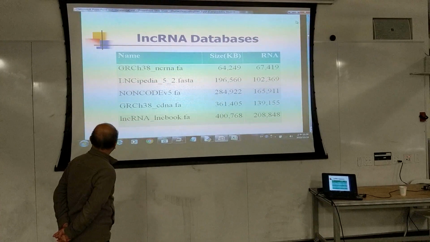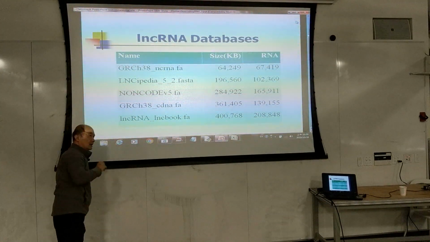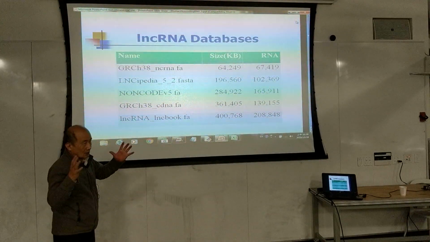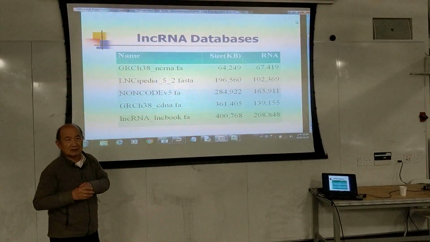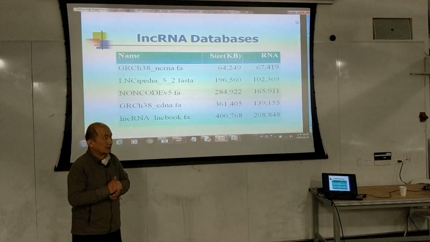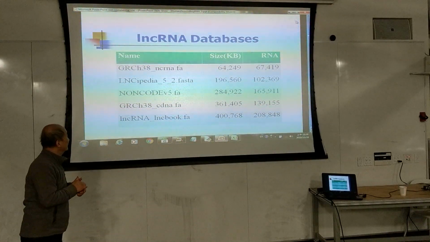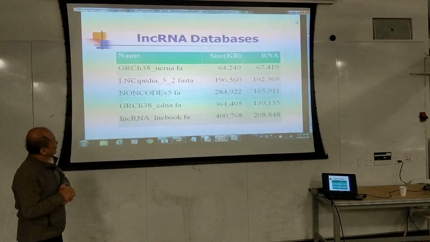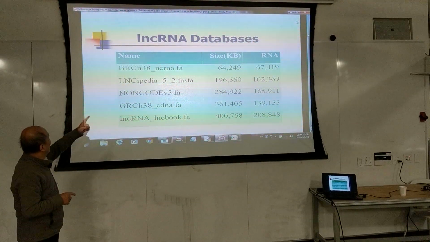The first is GRCh38. This is the Human Genome Project, and they collect all the data. The main goal of the Human Genome Project is to sequence all the chromosomes. But in this project, they found a lot of RNA, so they collected all the RNA data into one piece, and that's called GRCh38.